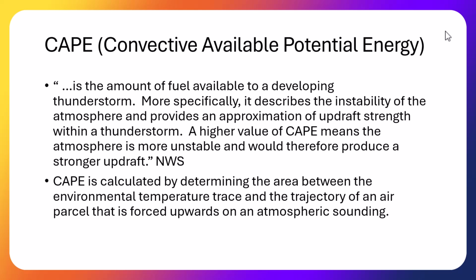It describes the instability of the atmosphere. It provides an approximation of updraft strength within a thunderstorm. A higher value of CAPE means the atmosphere is more unstable and would therefore produce a stronger updraft. Well, what does a stronger updraft mean?